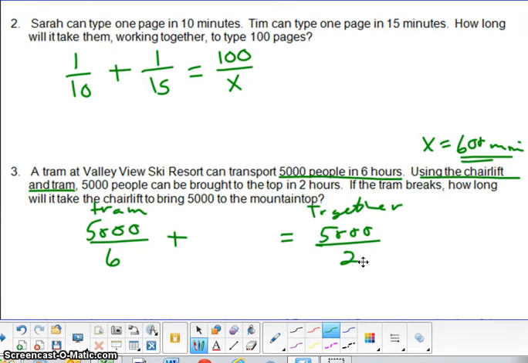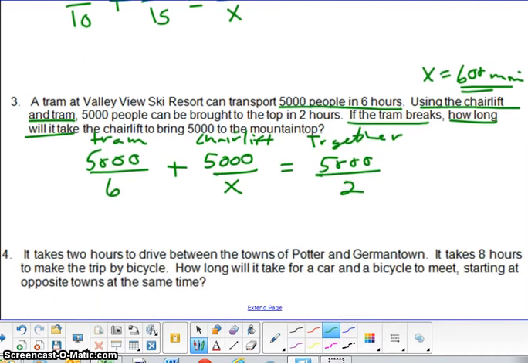And then the last thing is asking, if the tram breaks, how long will it take the chairlift to bring 5,000 people to the top of the mountain? So that's 5,000, and the chairlift all by itself, I do not know, so I'm going to solve for that. Again, go practice this on your own, push pause, and see if you can get x equals 3 hours. Okay, and we'll talk about that one tomorrow.